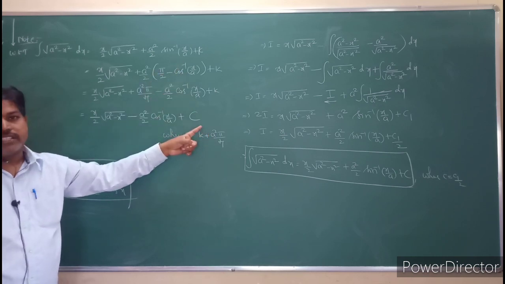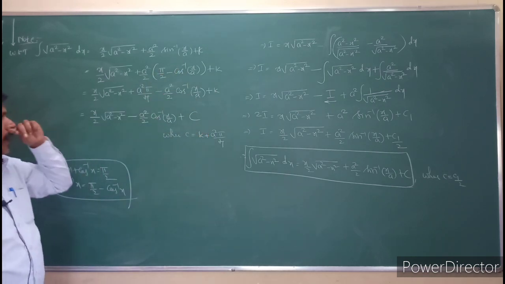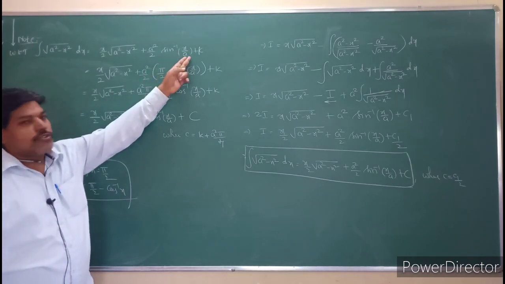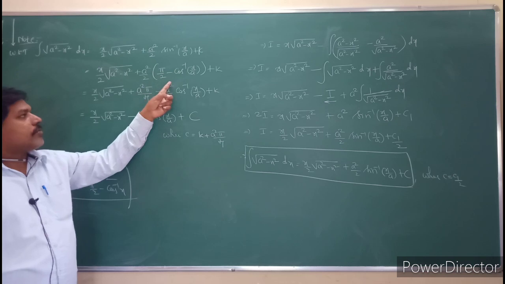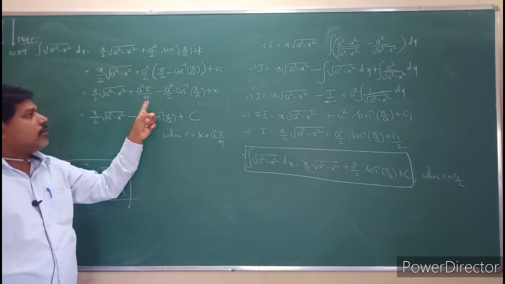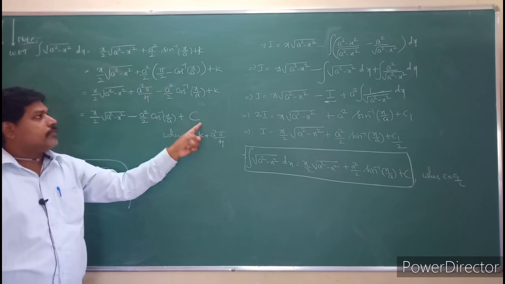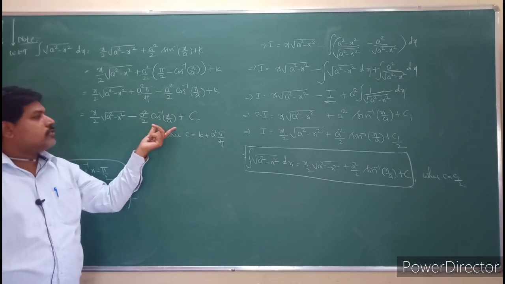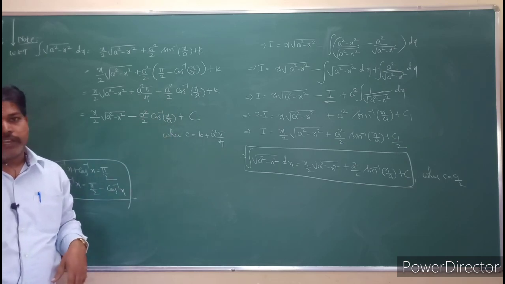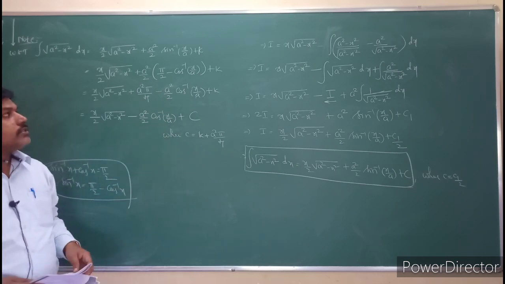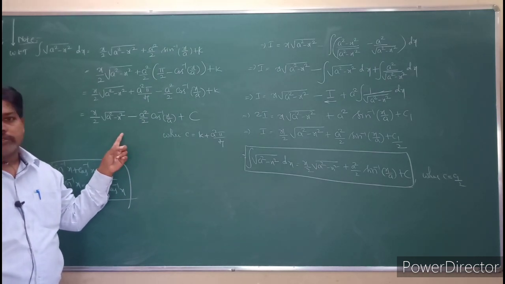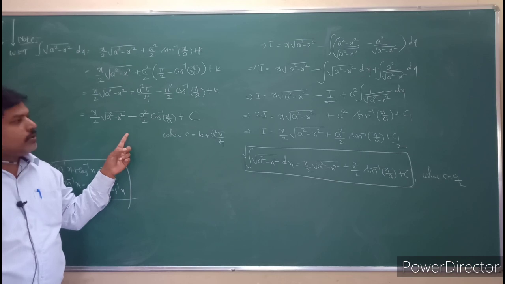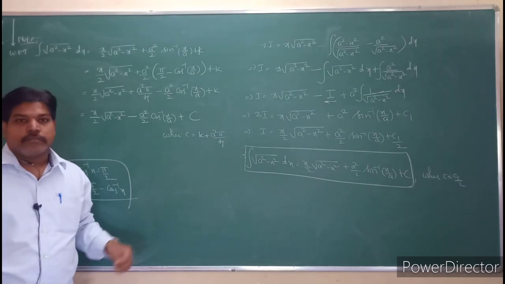At the end I will use the c only. Therefore sin inverse x you can write as pi by 2 minus cos inverse x, multiply with a square by 2, a square into pi by 4 plus k, it will become c, and minus a square by 2 into cos inverse of x by a plus c. Okay, so see that question, students. Important condition, we will use this condition in the problems also. That's why I'm giving this condition. So write down the notes and practice these questions.